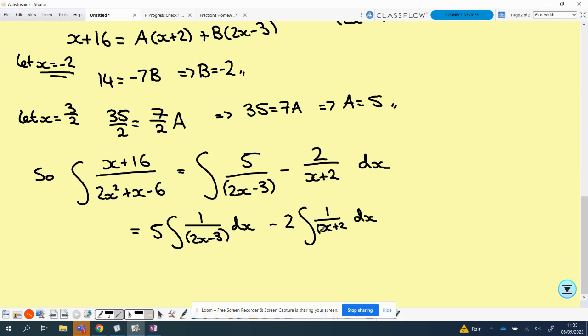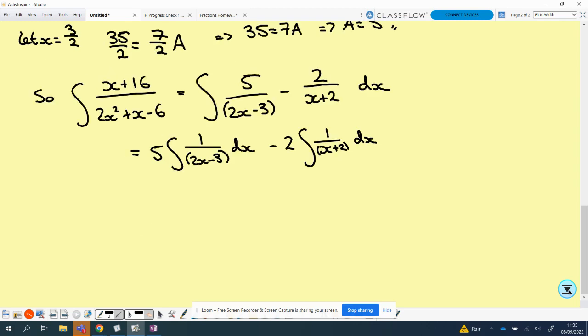Just so that you can maybe see what's actually happening with your rules a lot clearer on your formula page. Again we need to use our logs here, because we've got 1 over a term that's got the highest power x. So on the first function, that would be 5 times log 2x minus 3.